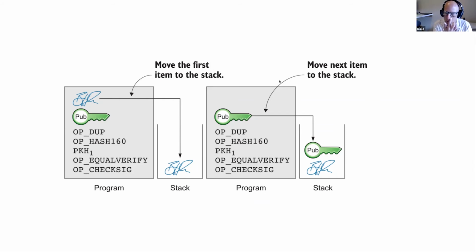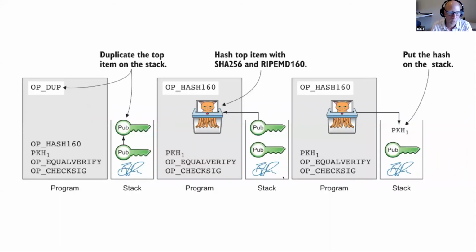So, yeah, we have pushed 2 items to the stack now, and the next thing in the program is an op dupe. An op dupe just takes the top item from the stack and duplicates it like this.